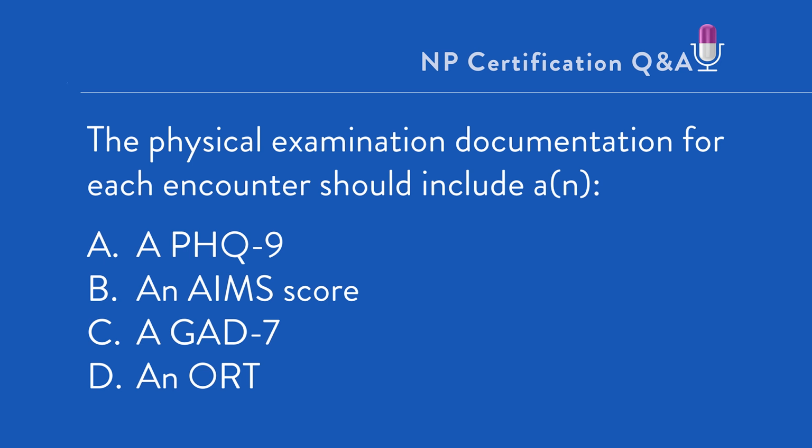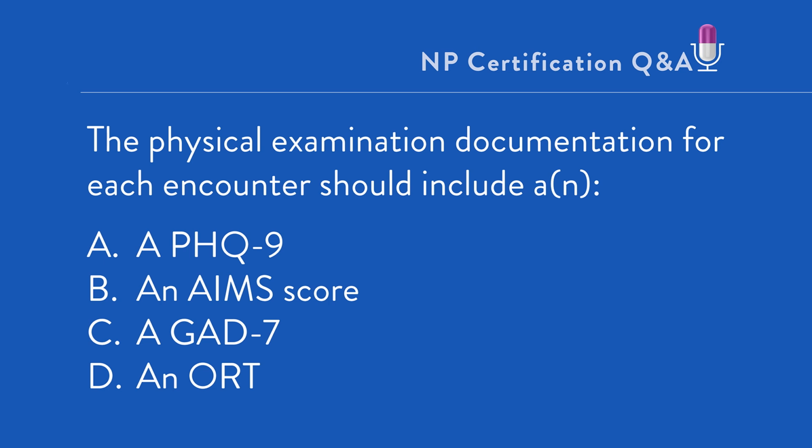This is a depression screening tool. And while it certainly may be helpful when you are initially evaluating a patient, and it may be valuable intermittently as you're trying to follow their progress on antidepressant therapy, it's certainly not something that needs to be done at every visit. And it's not an assessment of physical examination.